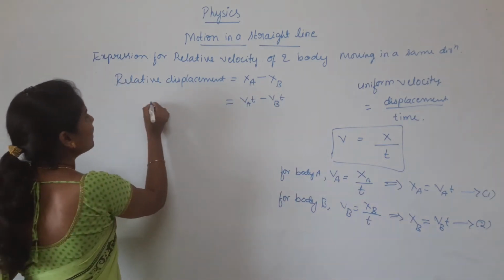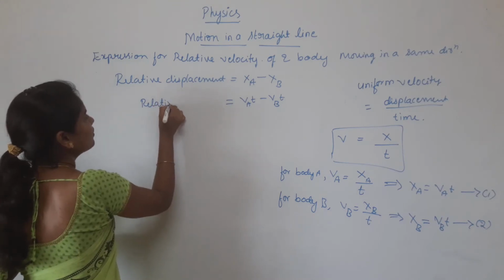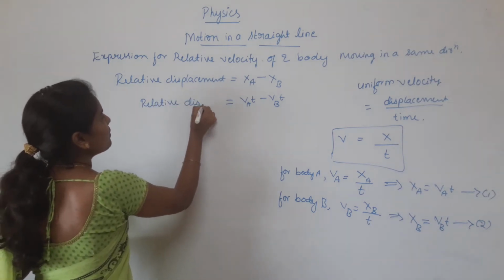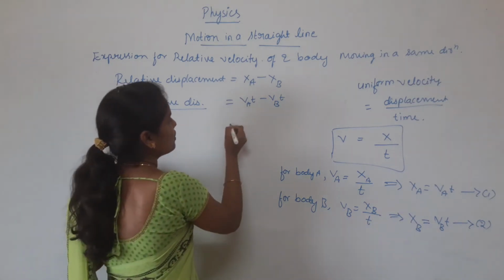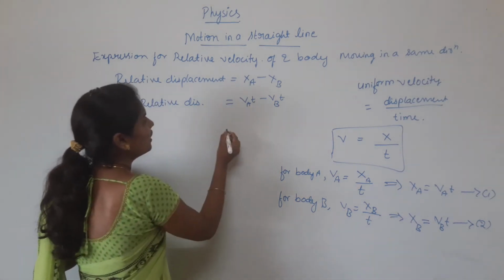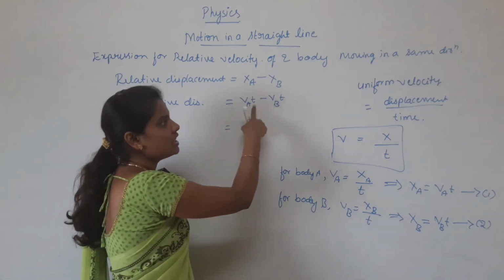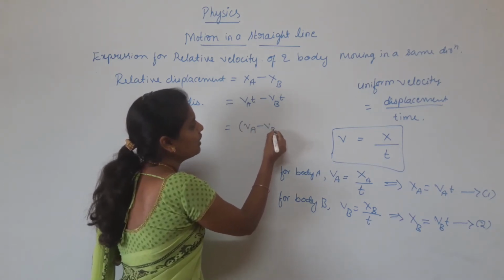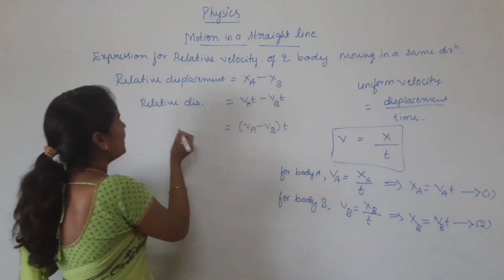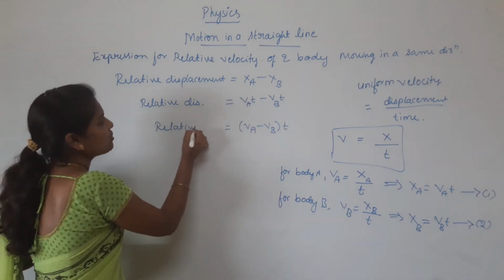Here, in these two terms, t is common. Taking it outside, we are left with (va minus vb) times t. On the left side, what remains is the relative displacement.